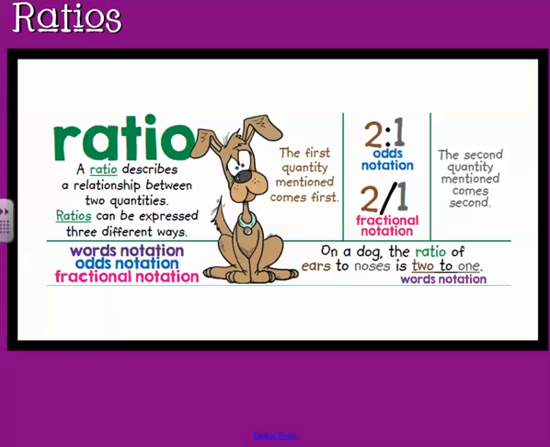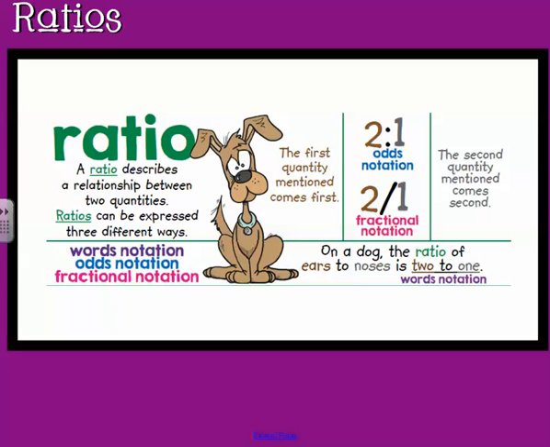Now when we write ratios, the first quantity or idea that we mention always comes first. For example, if we are talking about the ratio of ears to noses on a dog, that ratio is 2 to 1. Dogs have 2 ears compared to 1 nose. In odds notation, you see the 2, then the colon, and then the 1.